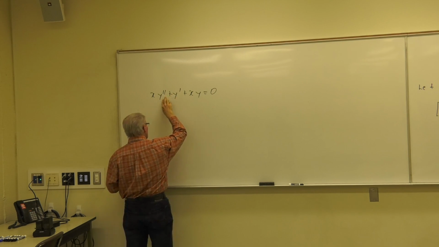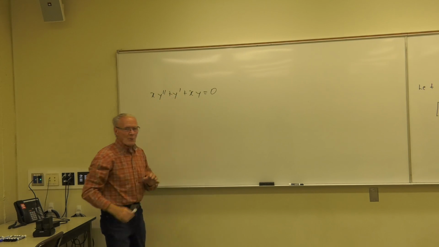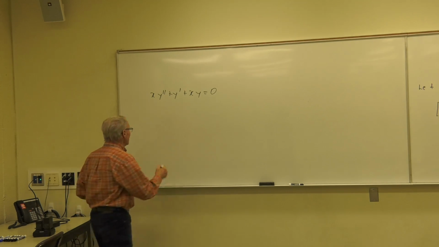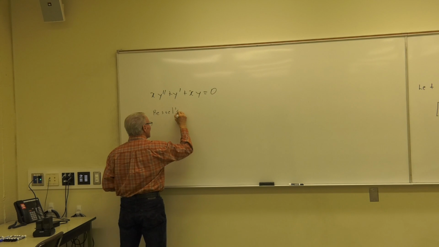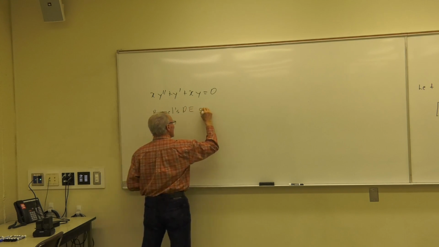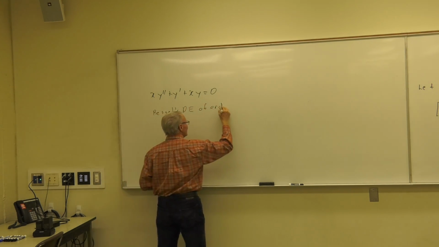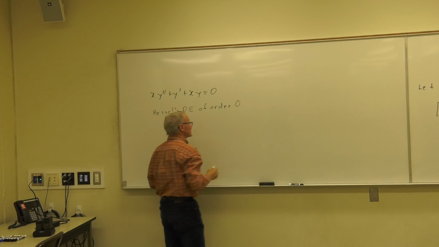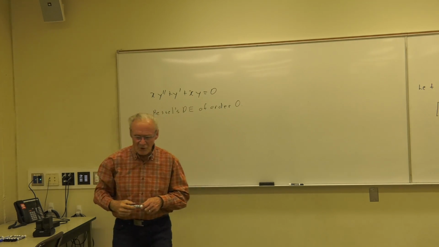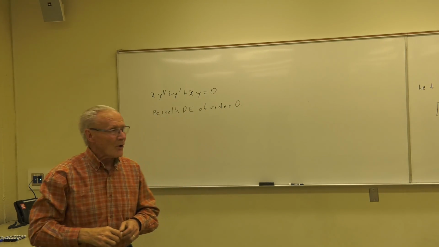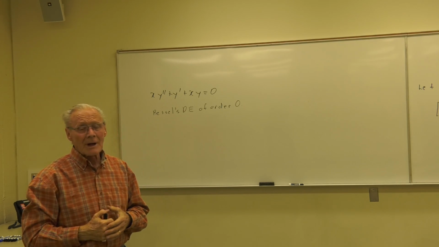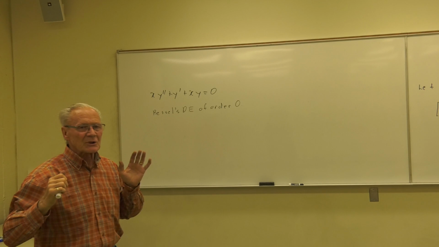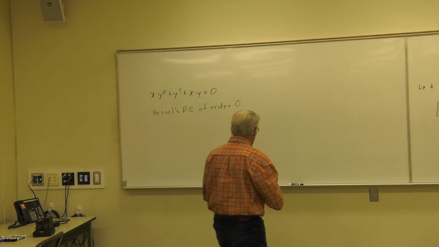You got y double prime, you got an x in front of it. That one is linear second order. It's called Bessel's differential equation of order 0. And you cannot study heat flow, vibrations, or potential without running into Bessel's differential equation at some point. It always crops up. So it's a very important one.